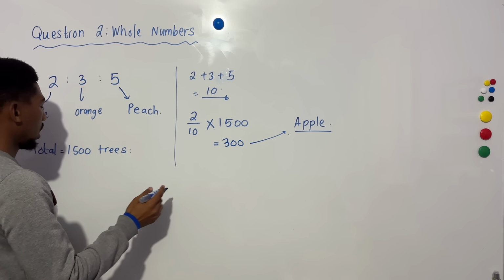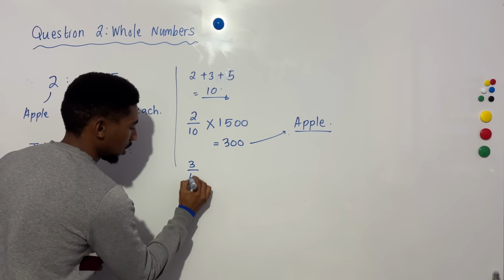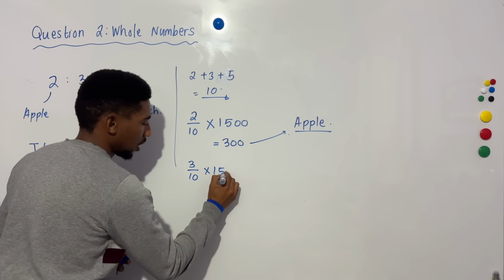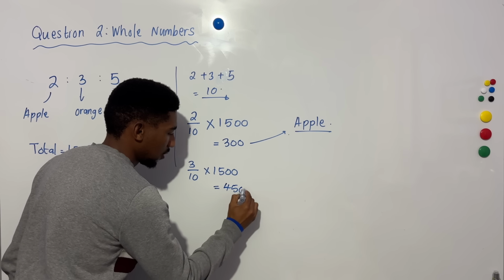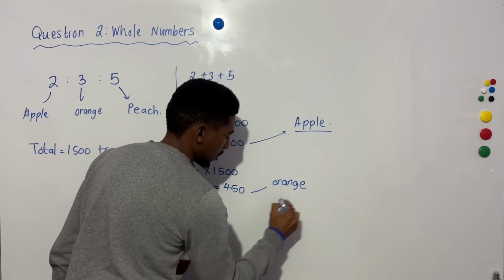We're going to do the same for our orange and our peach. So for our orange, we're going to say 3 over 10 because that ratio is for the orange there, times 1,500. 450, this is our orange trees.